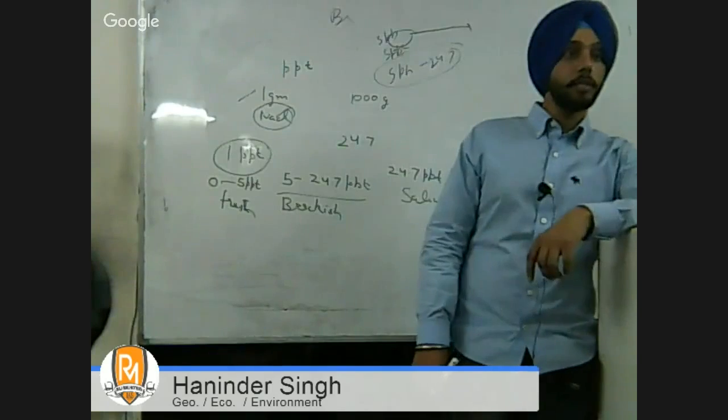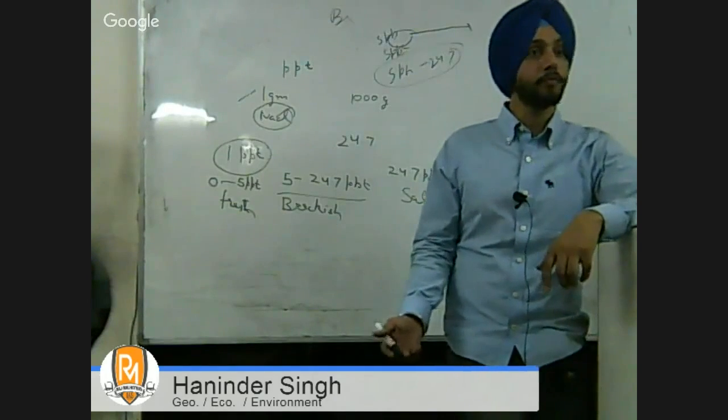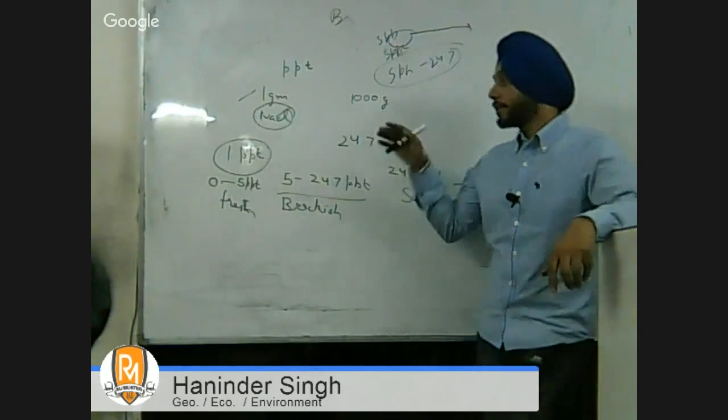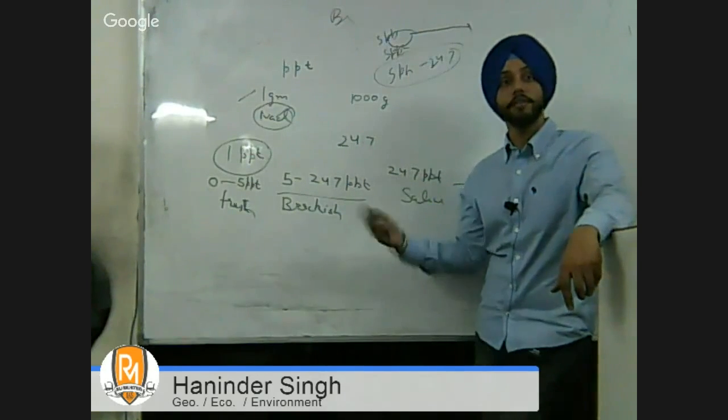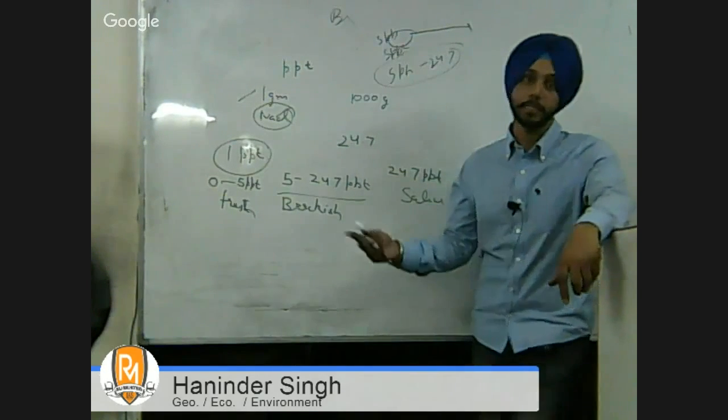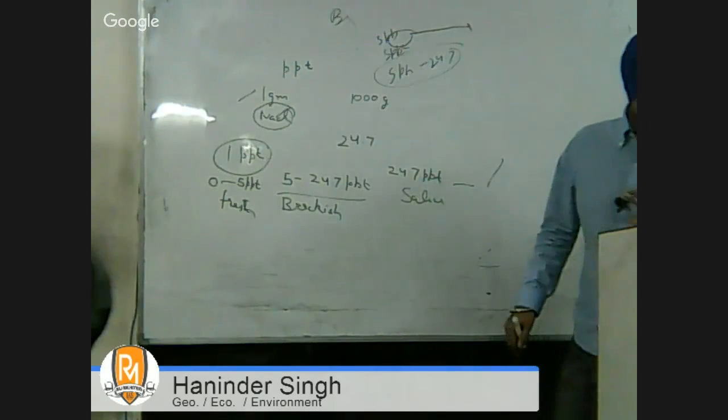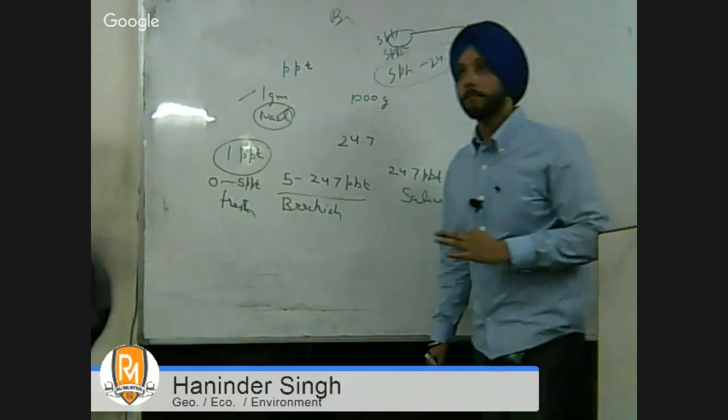Rivers have fresh water, and melting of ice also produces fresh water. So whenever there is melting of ice, salinity decreases. Whenever there is influx of water, salinity decreases.